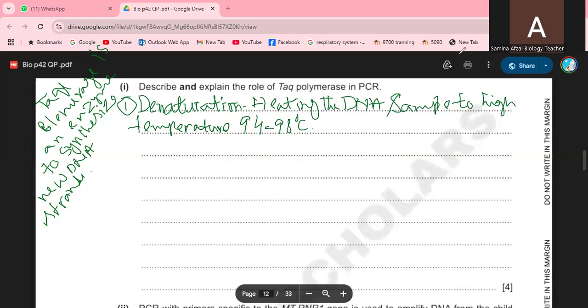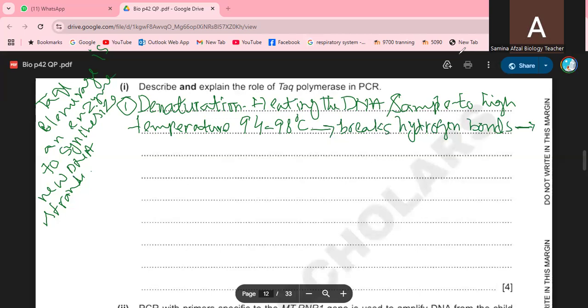So this high temperature will break the hydrogen bonds, and the double strand DNA will separate into single strands. I'm just putting the arrows, and you should also listen to my words which I'm explaining with this writing.